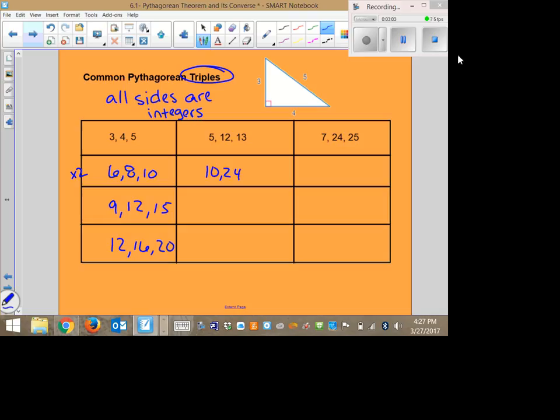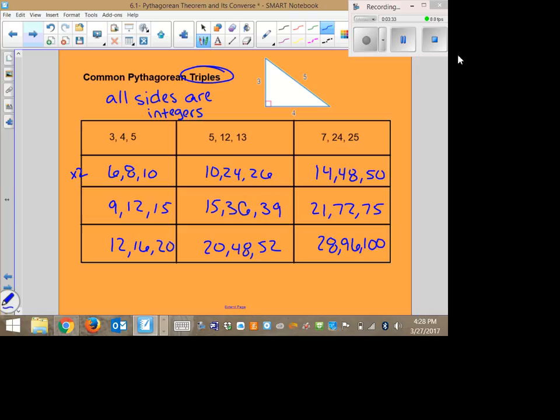Filling out the rest of the table here, you should be able to do this on your own. So again, these are our Pythagorean triples.